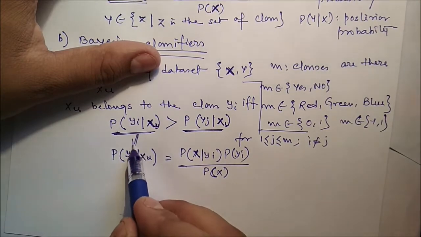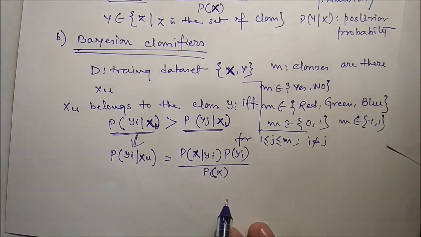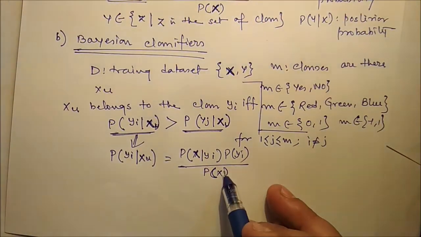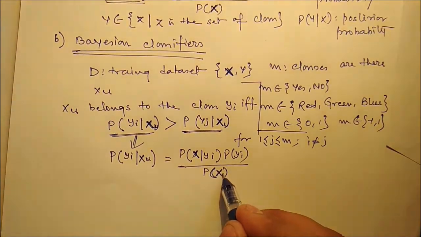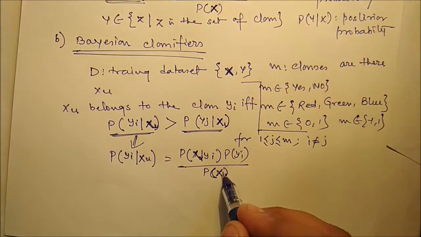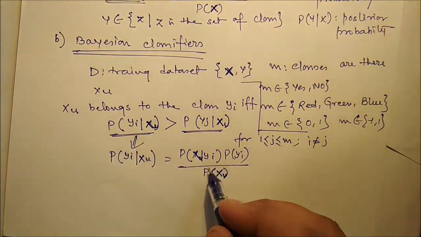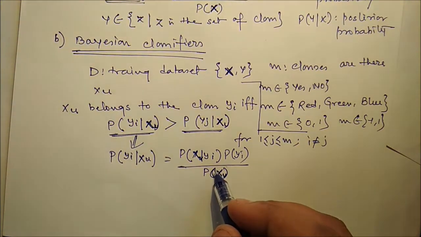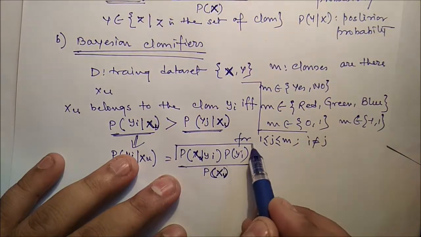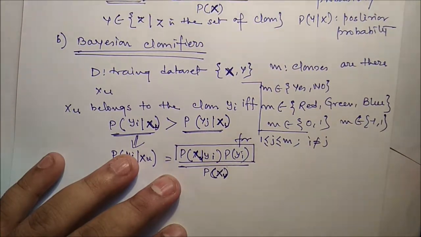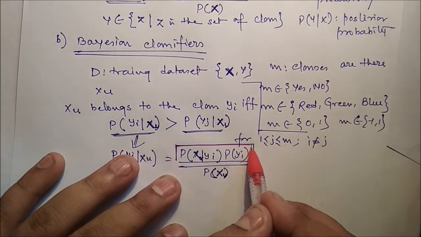So this is nothing but our posterior probability. But here, for all the classes, this particular part is constant. For every case it is constant. So our main goal is to maximize this particular part.